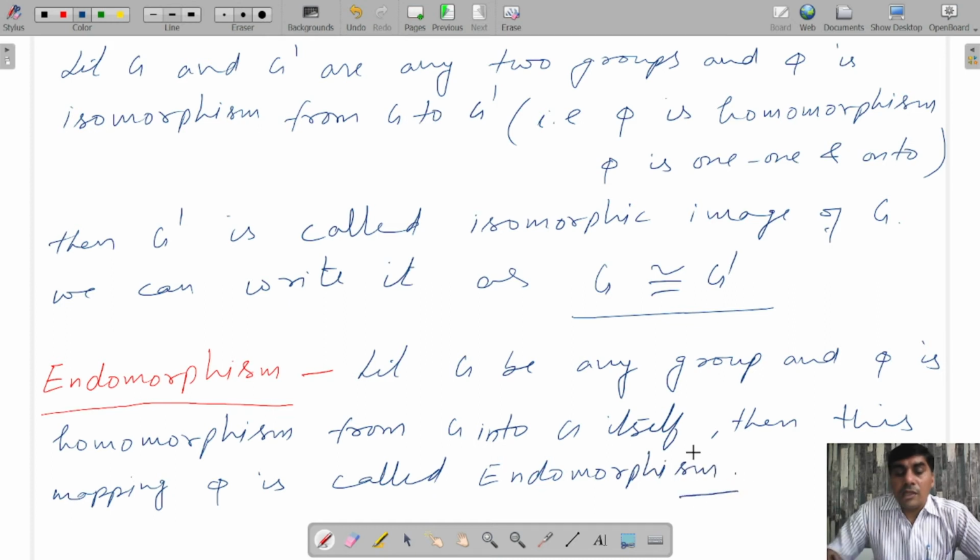That means the homomorphism from G into itself. In this case, we replace G dash by G itself. Then this mapping is called endomorphism.